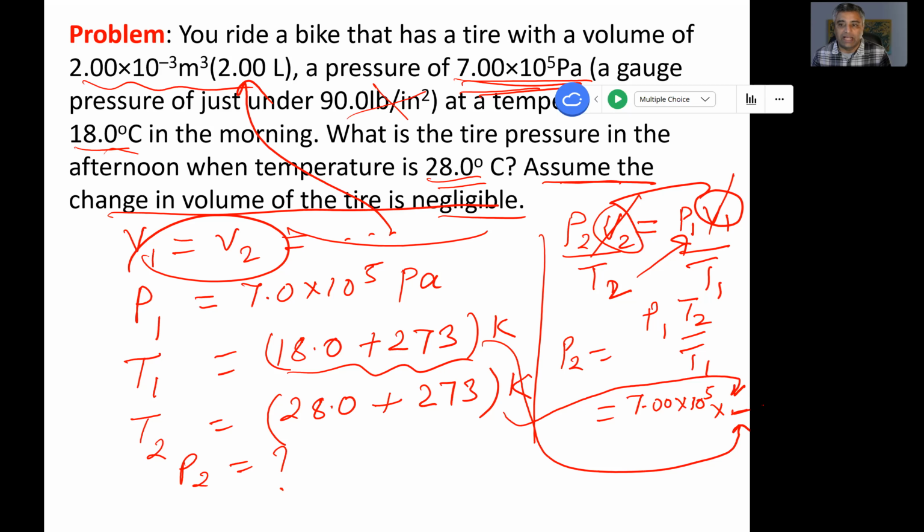Otherwise, whatever you calculate is not going to be correct. Your answer should be based on Kelvin, not on other temperatures. If you try to guess the answer without thinking about temperature being in Kelvin, then your answer is not going to be correct. So let's keep that in mind.